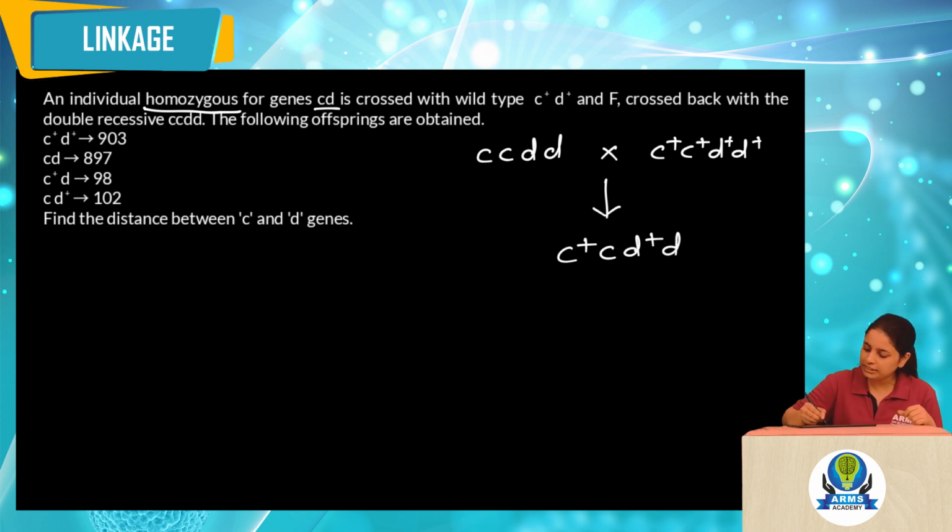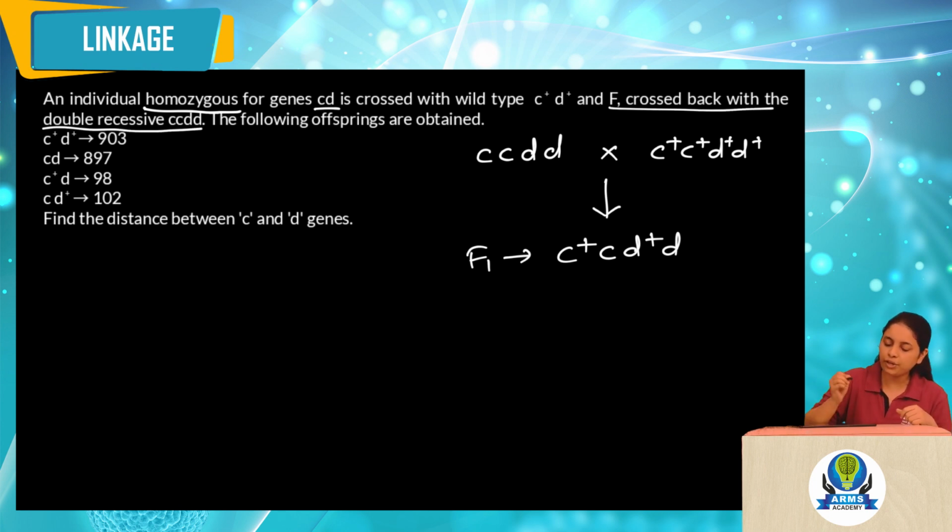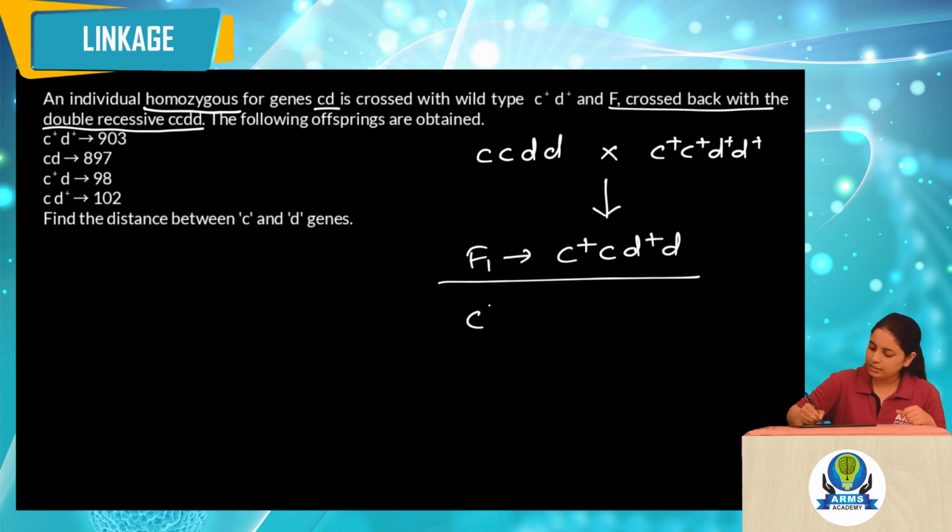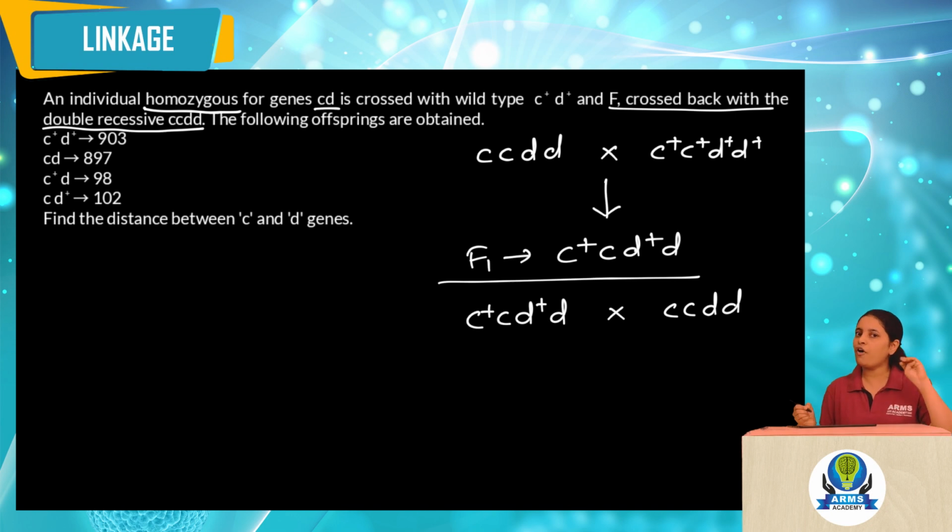Now what we have done? This is our F1. We have crossed this F1 back with the double recessive individual. That means we have crossed it with ccdd. So let's represent it here. Crossed with ccdd. Now here in this case, after crossing, we will get 4 types of offsprings which are given here in the question.